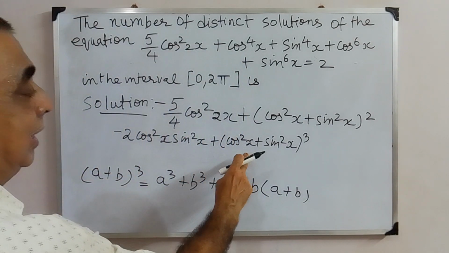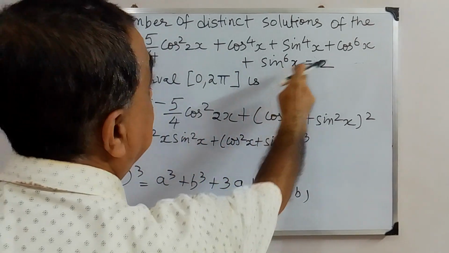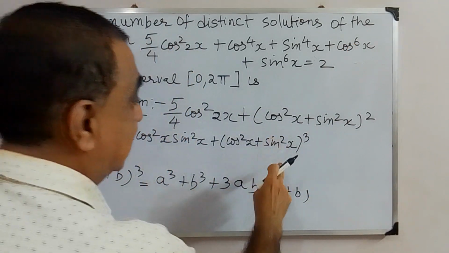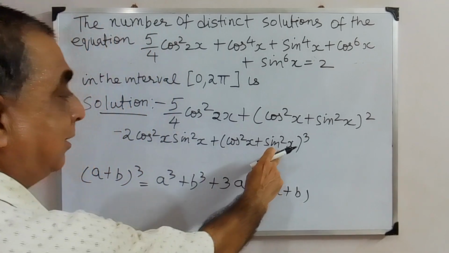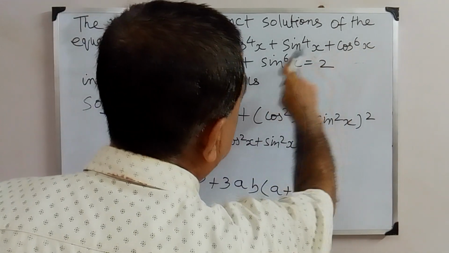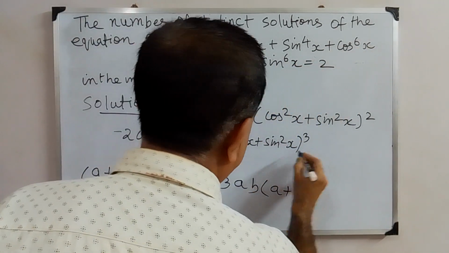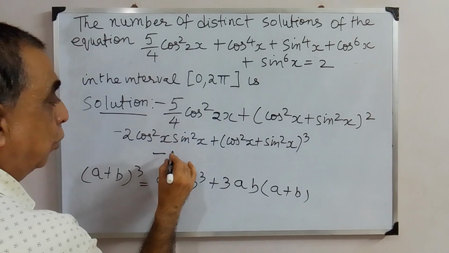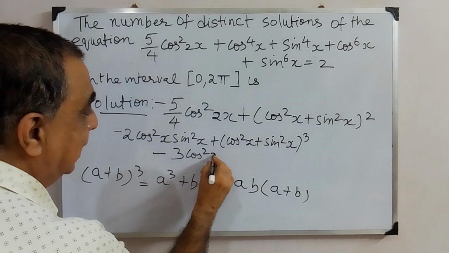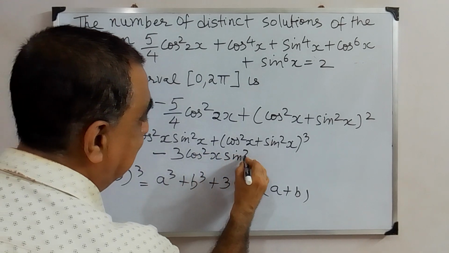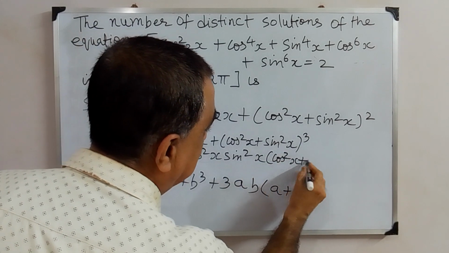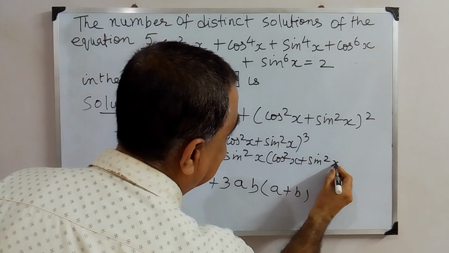So when we expand it, we will have cos^6 x + sin^6 x + 3 cos squared x sin squared x into the bracket (cos squared x + sin squared x). But that is not here, so we have to subtract that: minus 3 cos squared x sin squared x multiplied with (cos squared x + sin squared x).